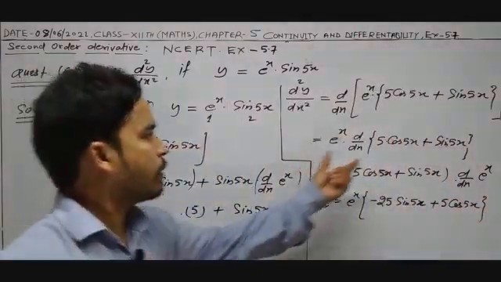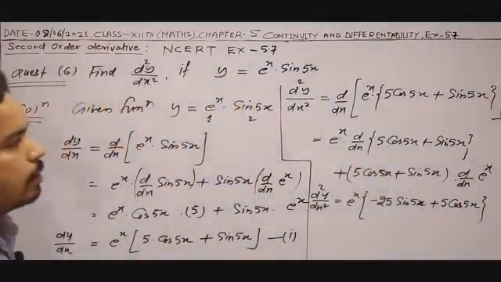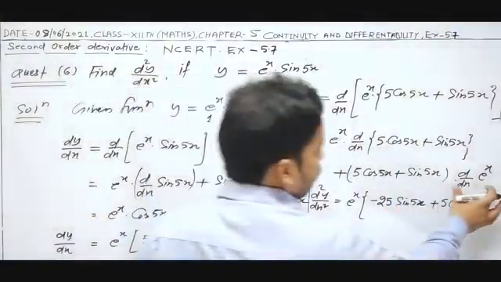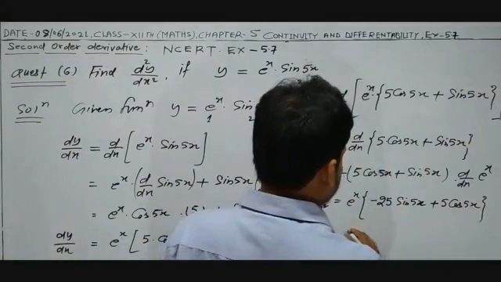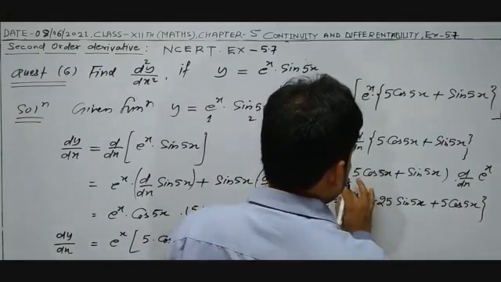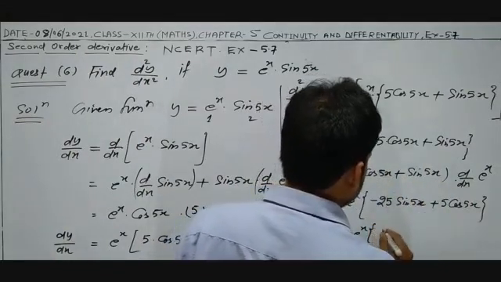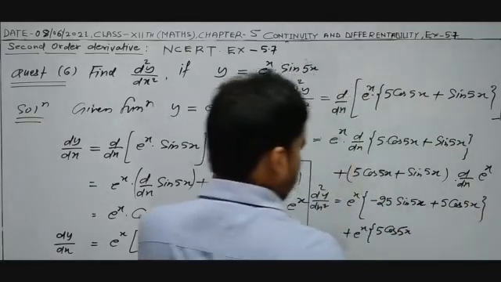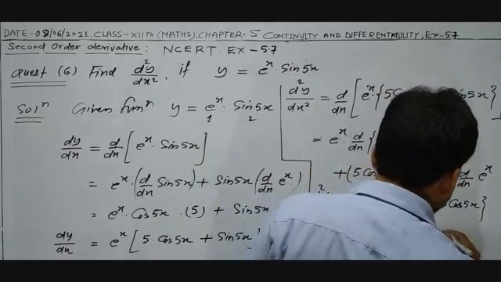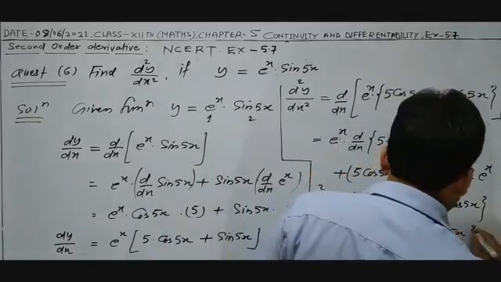This is the differentiation of this part. Similarly, differentiation of e to the power x is the same. So e to the power x, copy this part, 5 cos 5x plus sin 5x.